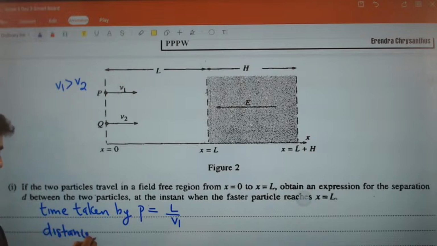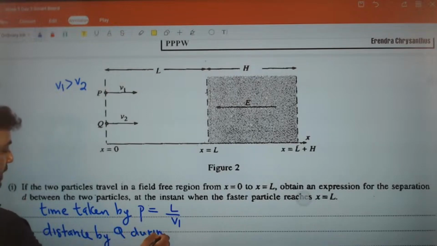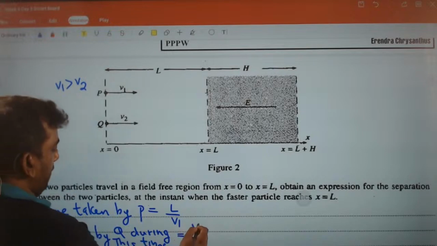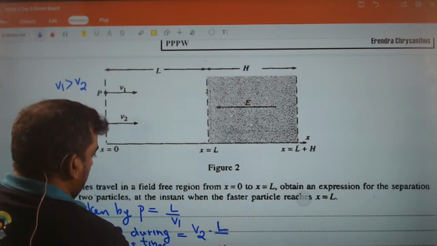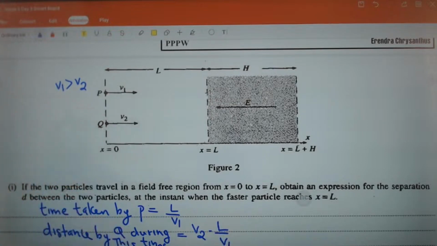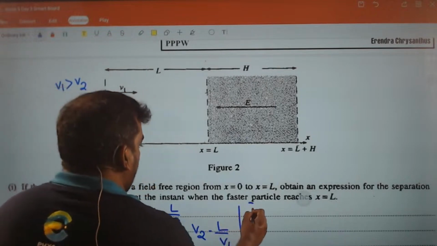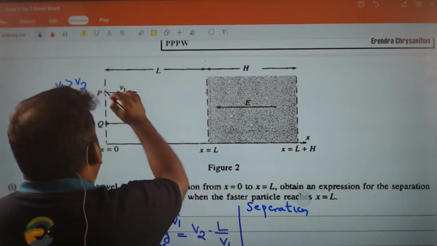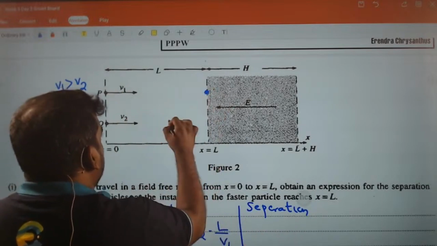Distance traveled by Q during this time. Distance is speed into time. Then you can find the separation. P is already here, Q is there.